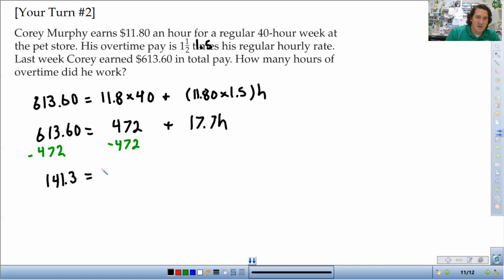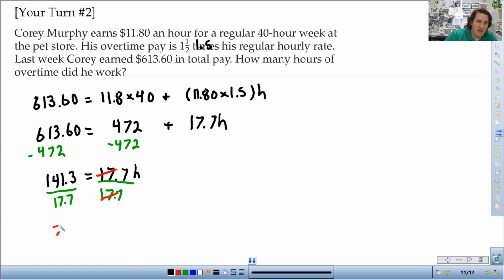So $141.30 equals 17.7 times H, and then divide by 17.7. This cancels out here. So 141.3 divided by 17.7 is 7.98.